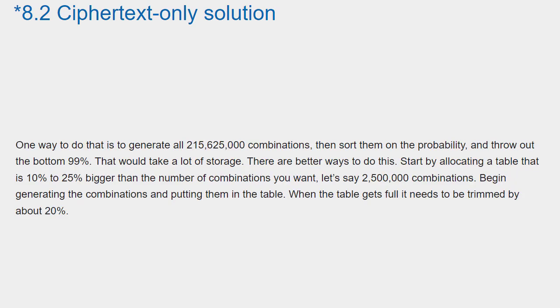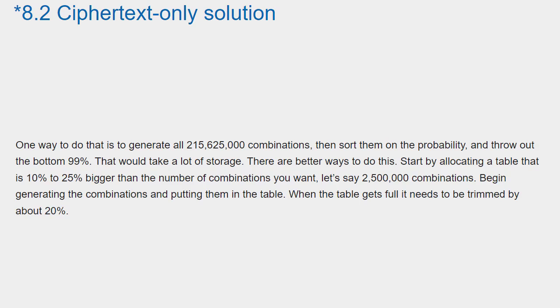One way to do that is to generate all 215,625,000 combinations, then sort them on the probability and throw out the bottom 99%. That would take a lot of storage. There are better ways to do this. Start by allocating a table that is 10% to 25% bigger than the number of combinations you want.